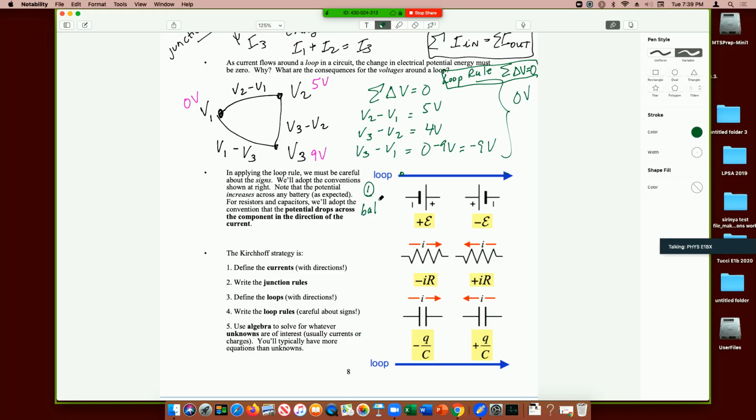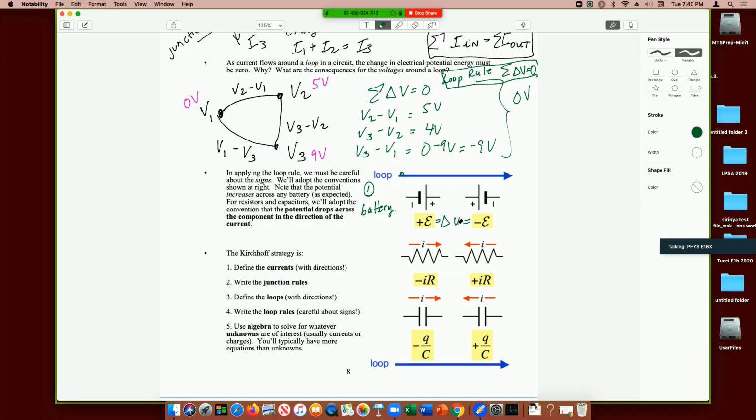Okay, so the battery. If you go through the battery from the negative terminal to the positive terminal, then we say that's an increase in potential. These things in yellow are the change in potential.